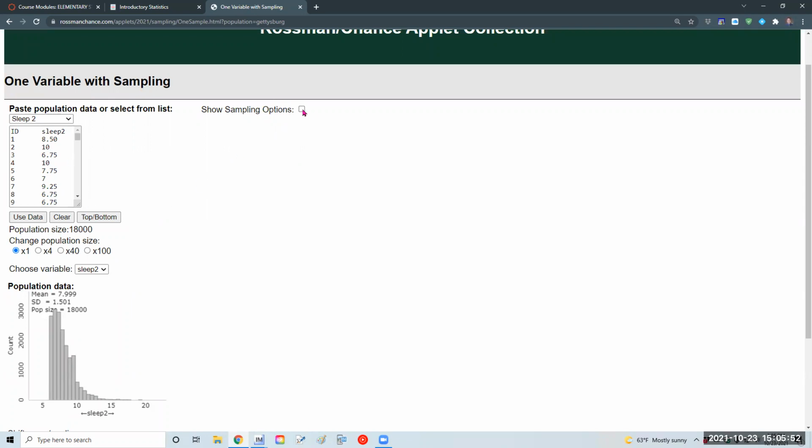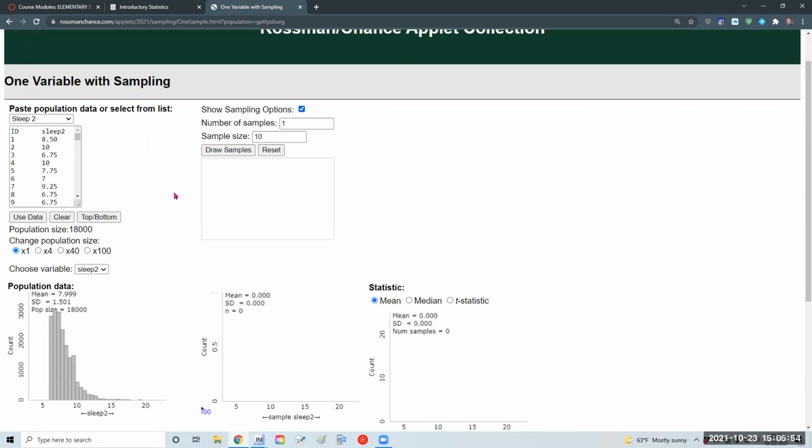All right, so this app will let us start sampling from this population. I'm going to draw samples of size 20. If I just graph one sample, I click on draw sample.